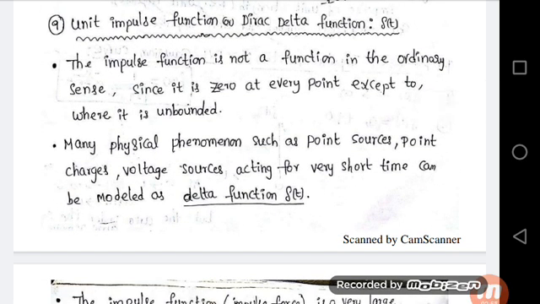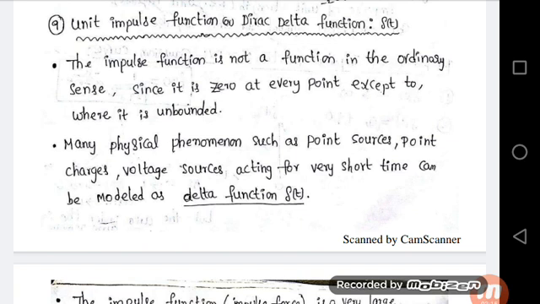Next one is the unit impulse function, or Dirac delta function. The impulse function is not a function in the ordinary sense.